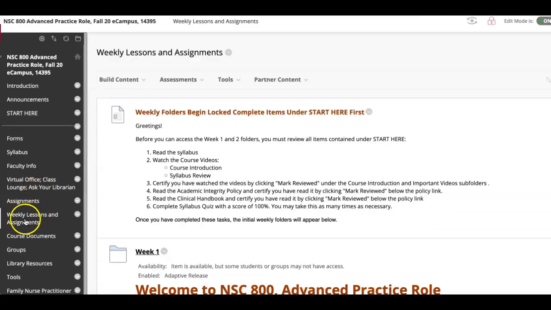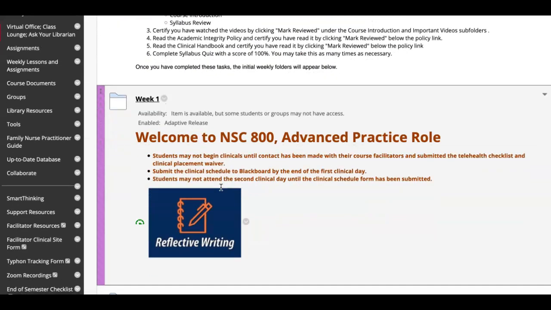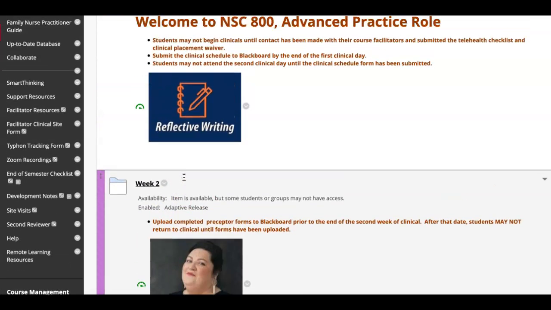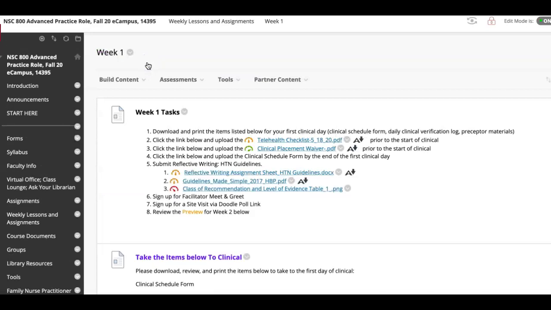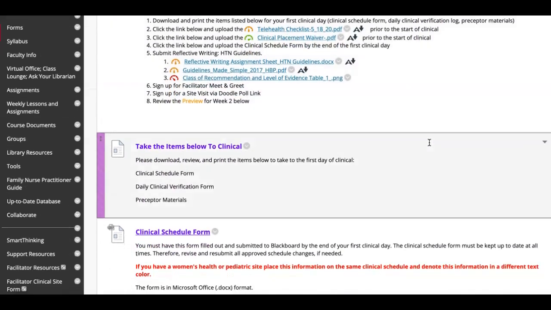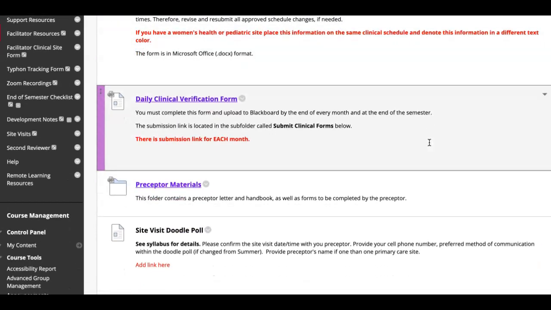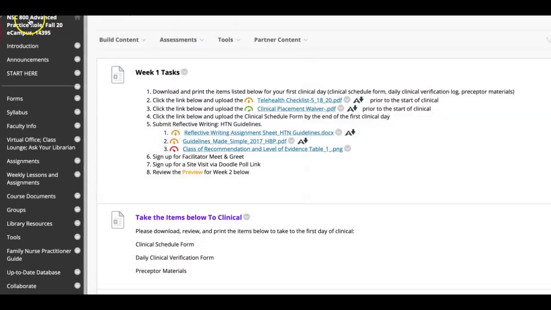I clicked on the weekly lessons and assignments tab, and this is just a reminder to go to the Start Here tab and complete all these items so that week 1 and week 2 will be available to you. And so, you have to click into each one of the weeks, and the assignments and the appropriate forms and drop boxes and everything will be located here for you under the appropriate week.